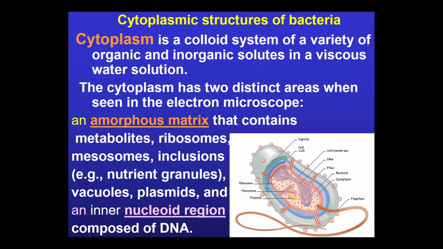So now a few words about the structure of bacteria. You can see that this is a prokaryotic organism. And see here, it doesn't have any well-developed organelles like ER or mitochondria that are seen in eukaryotic cells.